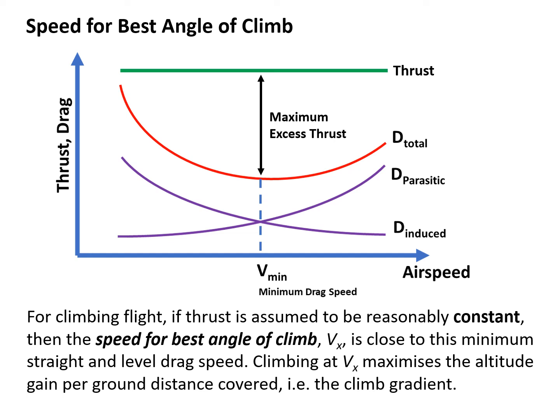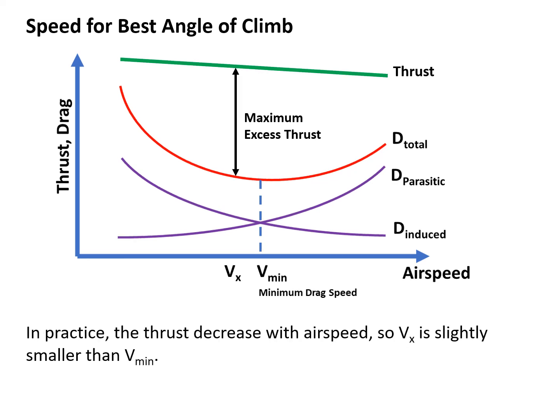Vx is the speed for best angle of climb. At this speed, we have the largest excess thrust, that's T minus D is maximized, because the drag is minimized, in this case where the thrust is assumed to be constant.